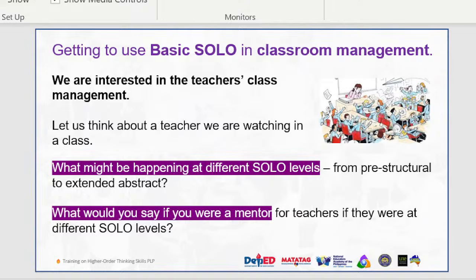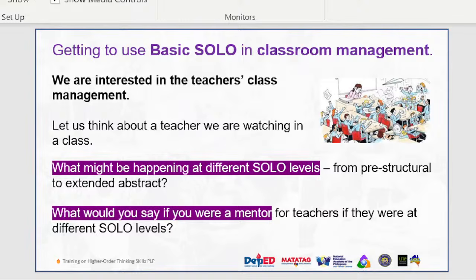So let us look at a teacher handling a class. What might be happening at the pre-structural level up to the extended abstract level? What would you say if you were a mentor for teachers?